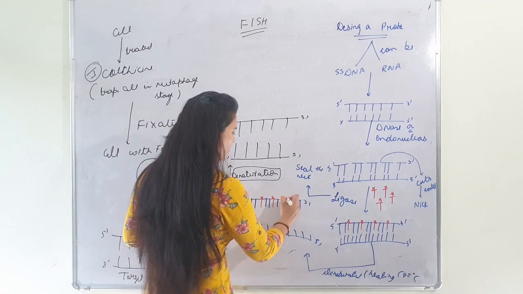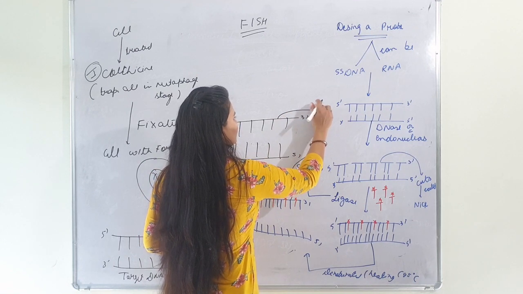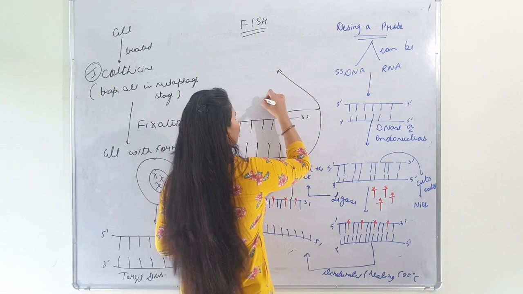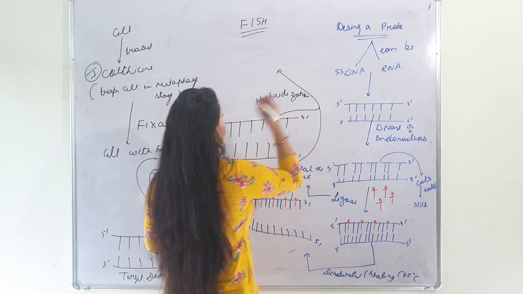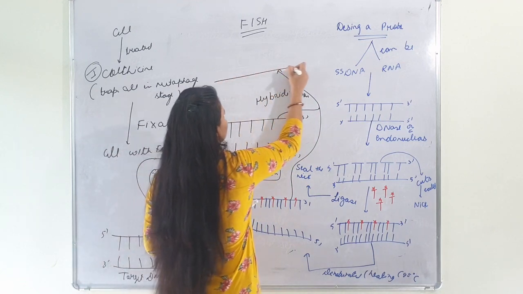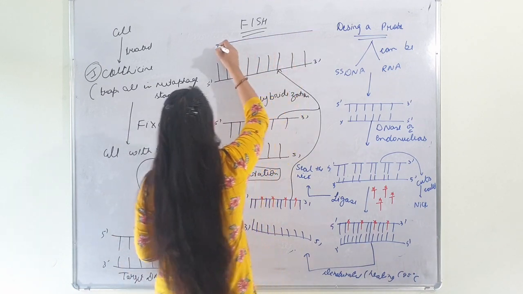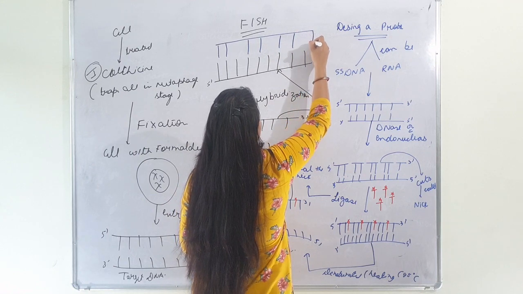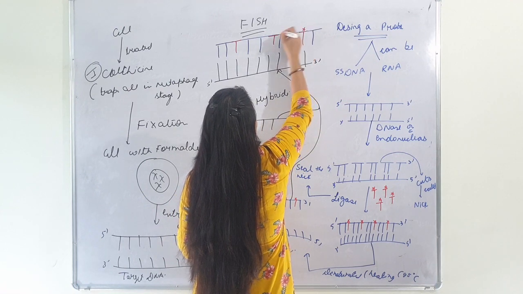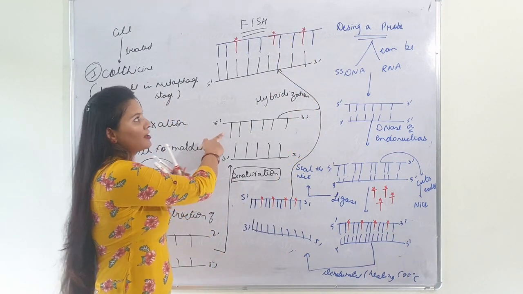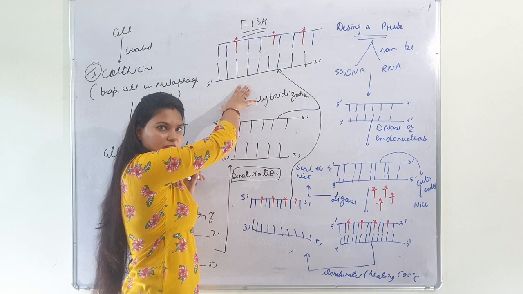Now we allow this strand and this strand to hybridize. A strand of sample DNA and a strand of the probe get hybridized due to complementary base pairing.